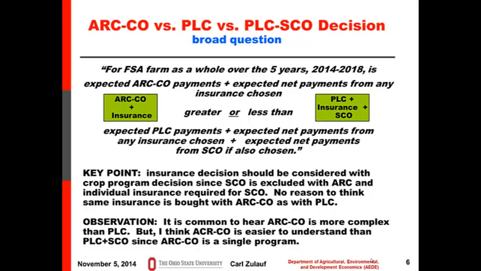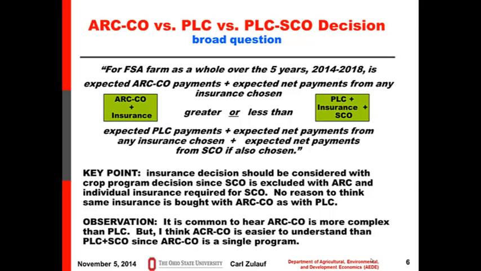In terms of the bottom observation, it is common to hear that ARC-CO is more complex than PLC. But I think in terms of the decision, ARC-CO is actually easier to understand than PLC plus SCO because ARC-CO is a single program.